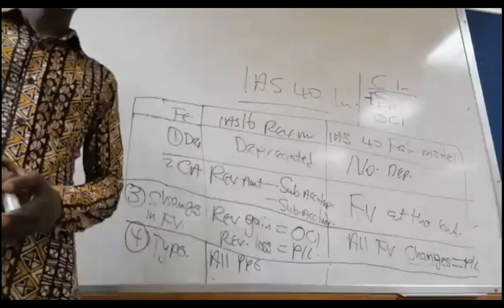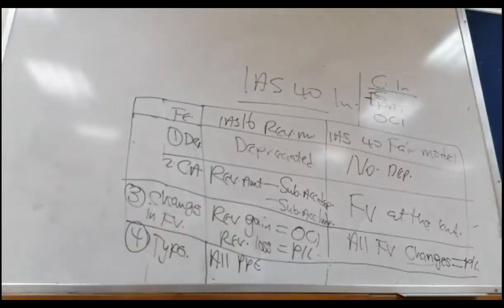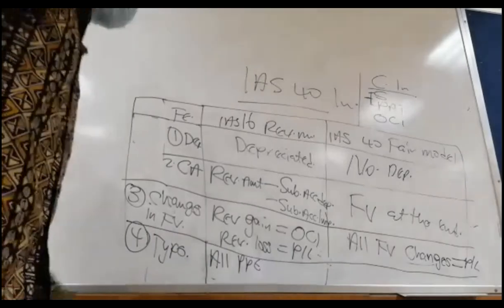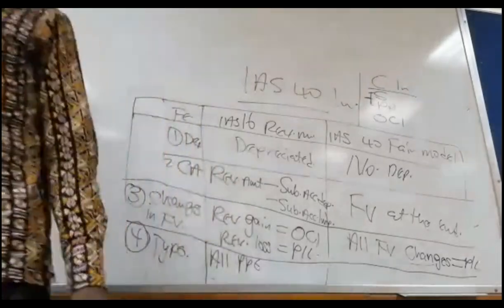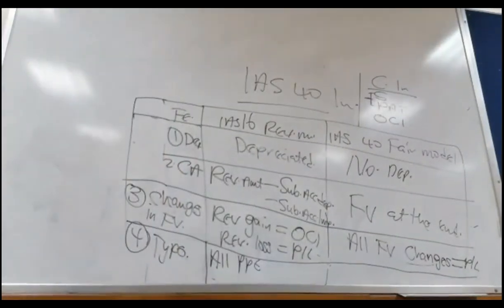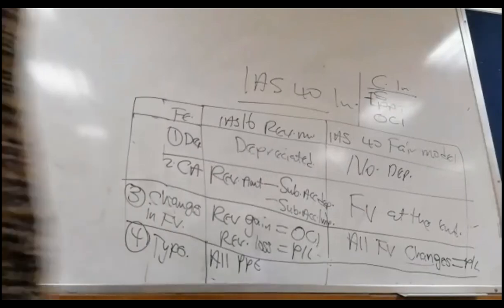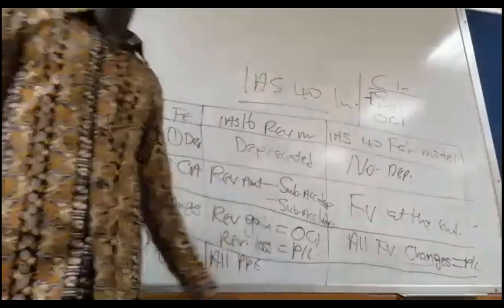Does it apply to all assets? Yes, IAS 16 applies to all assets, whether plant, building, land, or machine, you can apply revaluation. Very good. But IAS 40 is so specific when it comes to what?